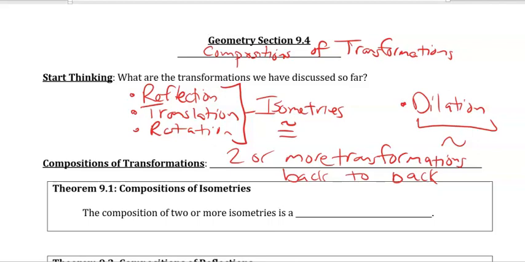This talks about the composition of two or more isometries. Remember, an isometry makes the preimage and image congruent. Let's say you did a reflection, which is an isometry, and then you did another isometry, let's say a translation. If you did those back to back, what will you get in the end? You do two or more isometries, you end up with a what?